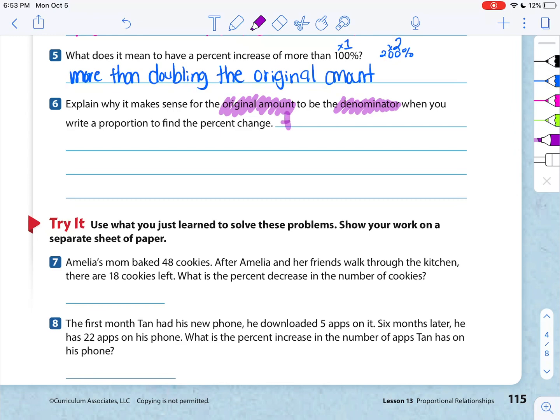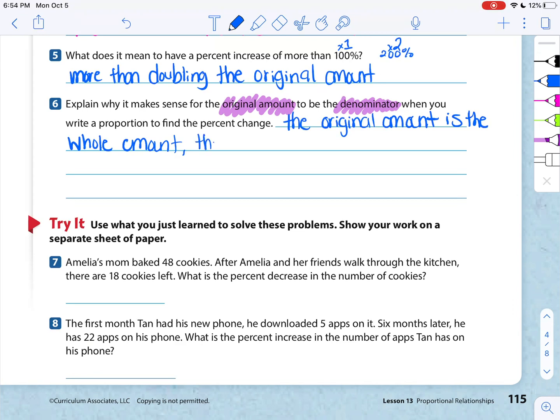So the original amount is the whole amount. So remember when he had that first soccer season, his whole amount was those 5 goals. And then what happened? So his original amount is the whole amount he had that first season. So his whole amount was 5 goals.